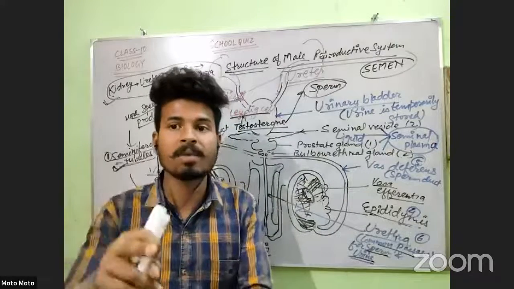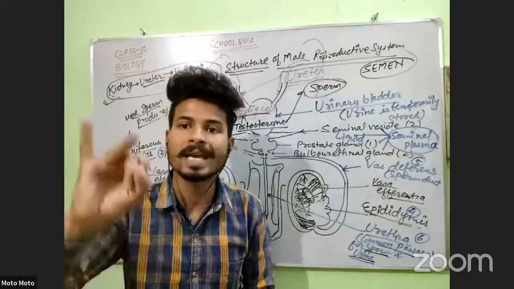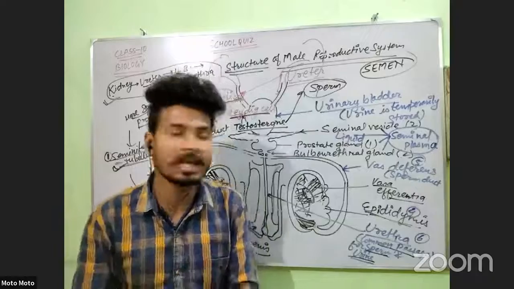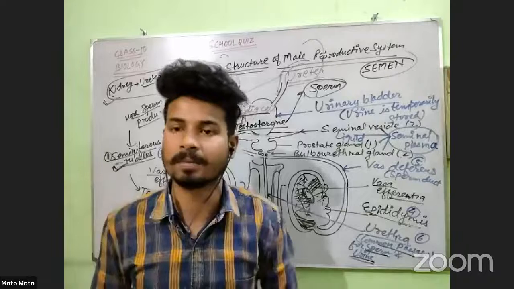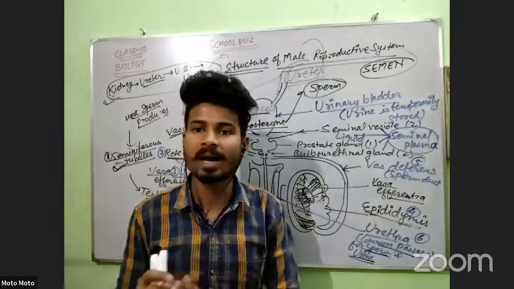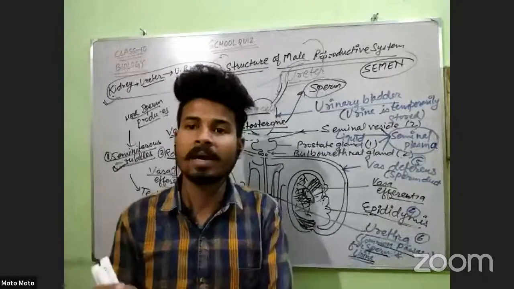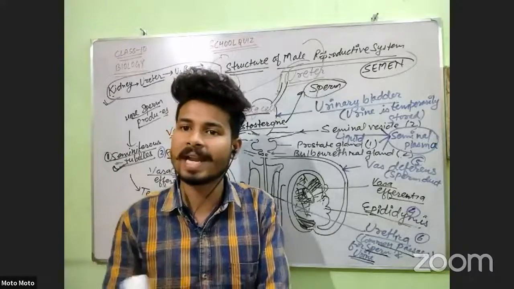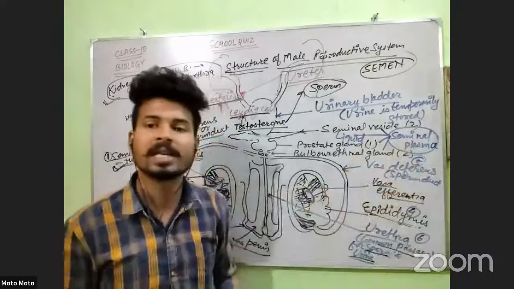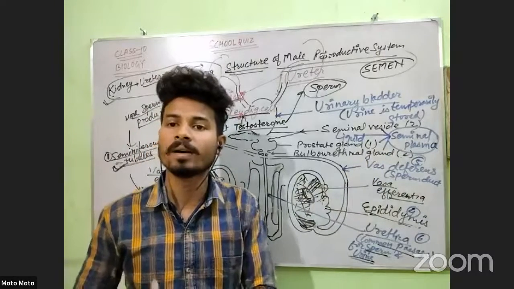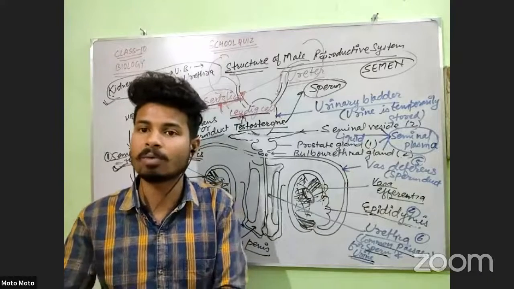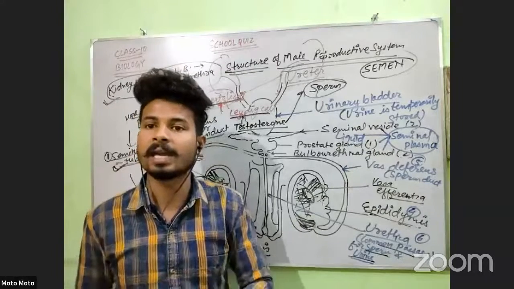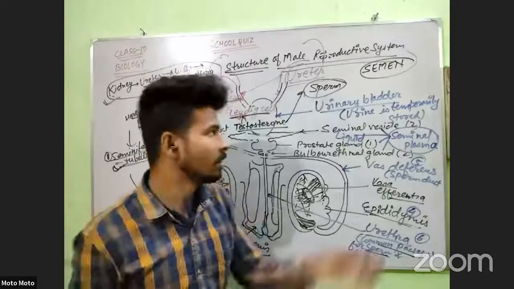Seminal plasma contains fructose, calcium, and so on, as a liquid medium. This is needed for the nutrition of sperm when it comes out from the testes and is ejaculated from our body into the vagina of the female. Got it?